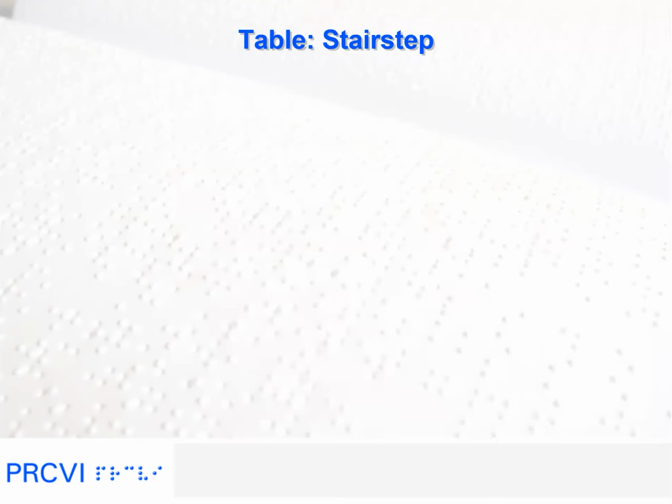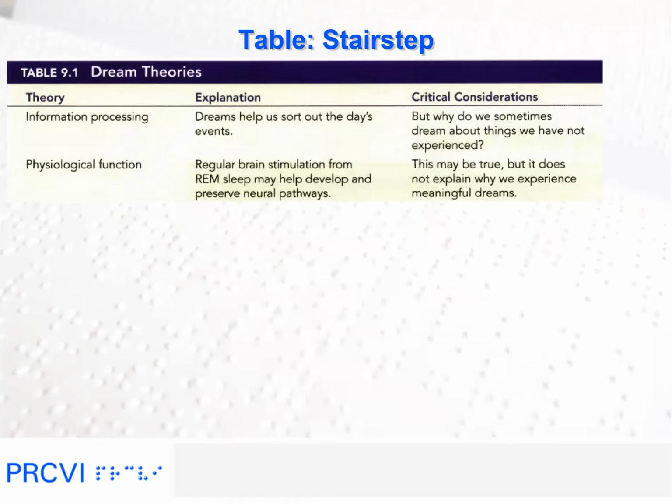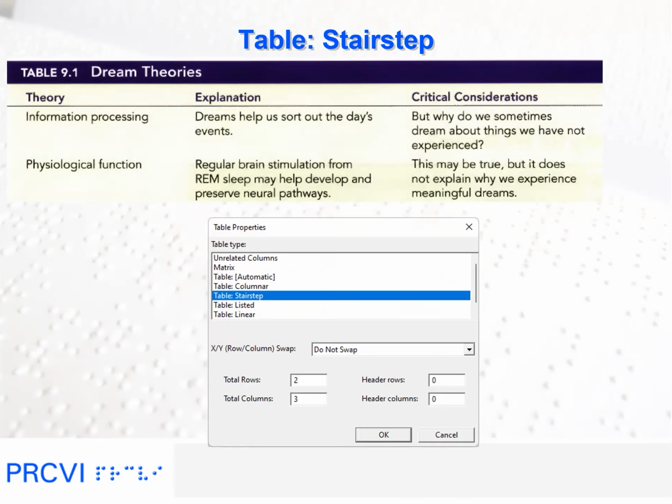Stair-step table format is used for a wide print table. Limit this format to tables with 4 or fewer columns. For wider tables with more than 4 columns, use the listed table format, which is in the next slide. This is a wide print table with fewer than 4 columns, so we can use stair-step format for transcribing in Braille. In table properties, select Table Stair-step.